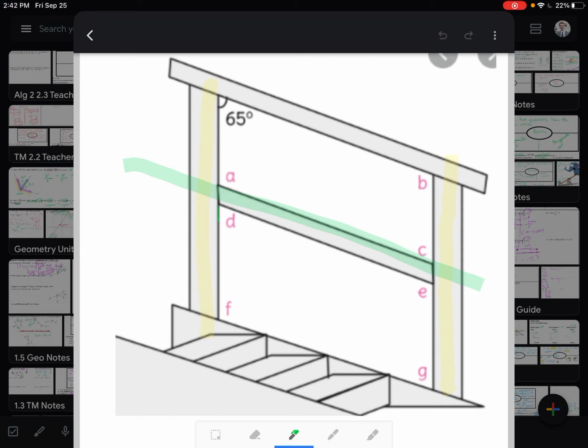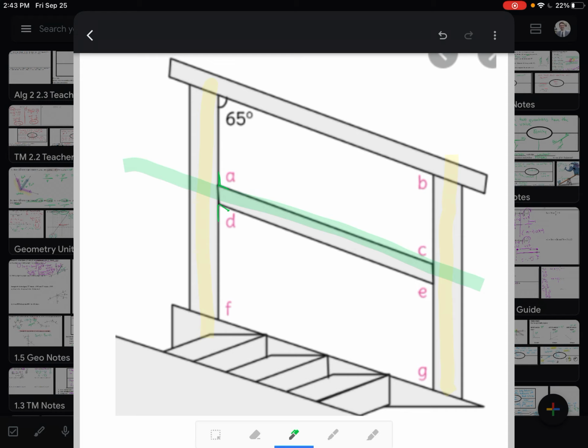So if we're thinking about angle D and angle A, when we're cutting that 2x4 or 2x6 or whatever you're using in the center there, we have to make sure that it aligns perfectly with the post. If it doesn't, it's going to look weird. It's going to be off, out of shape, and you're not going to have a nice square mounting surface to make your steps sturdy, make sure the railing doesn't collapse, and make sure you have a good fit and finish.